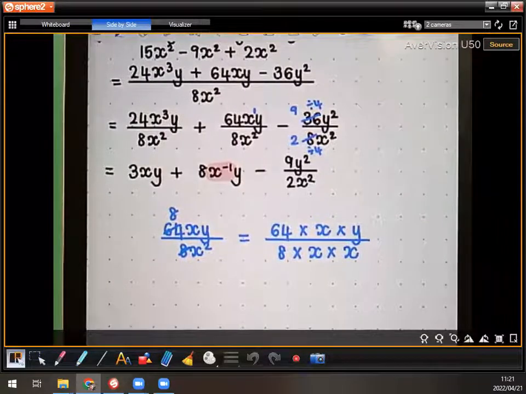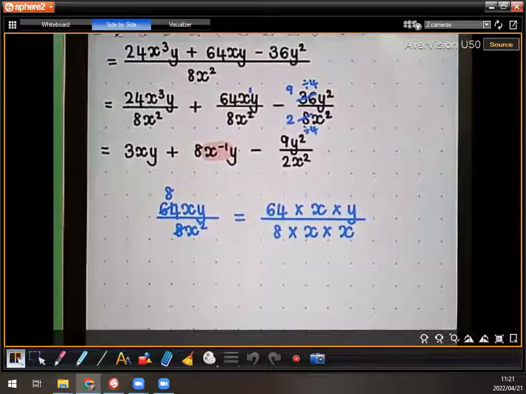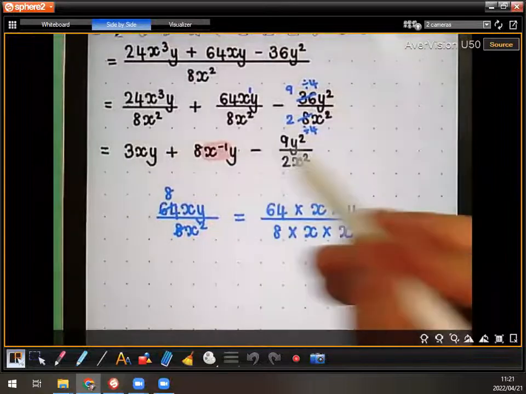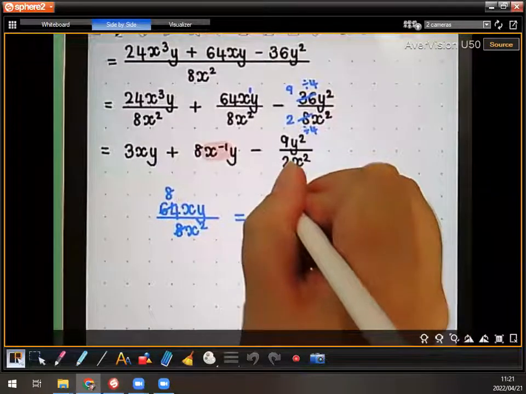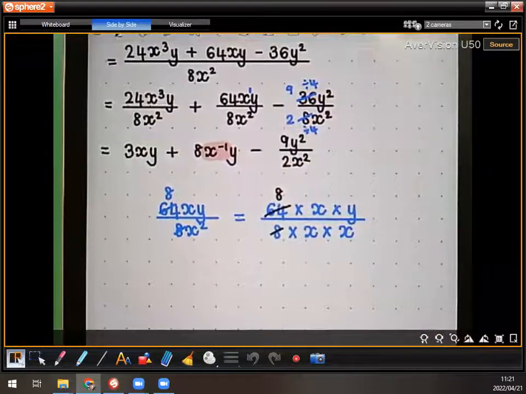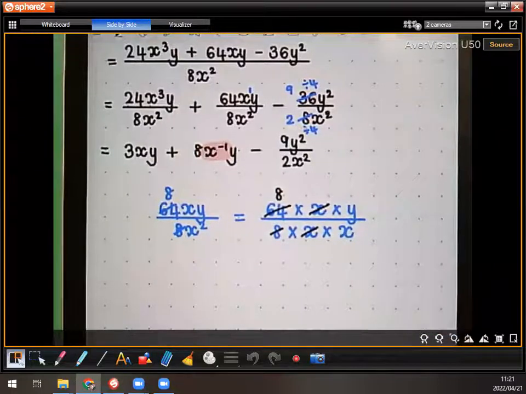Eventually, you will be able to do it without having to do the expansion. Okay, but while you're still getting used to it, let's start to do the expansion so that you can see exactly what's happening. Okay, so now when we do the canceling out, you're going to say 64 and 8, that's 8. All right? This x at the top is going to cancel out one of the x's at the bottom.